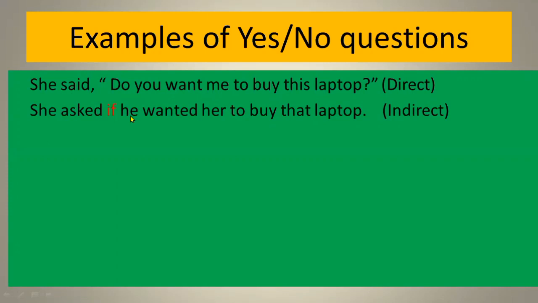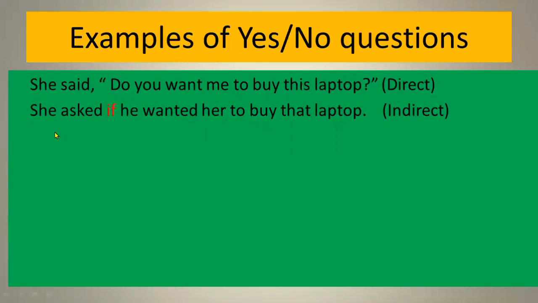and the pronoun of second person has been changed into pronoun of third person, that is he. Now we know that if the reporting verb is in the past tense, the tense in the reported speech will change also. And I have told in my previous video that that is called back shift. We go further back. So here in indirect speech, we will change this present tense into past tense. So want has been changed into wanted, and adverb this has been changed into that.